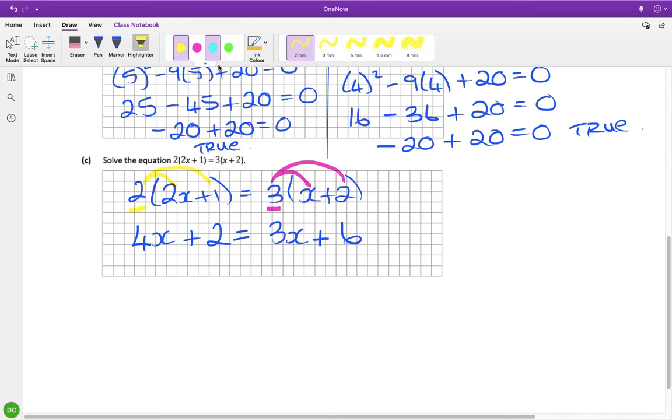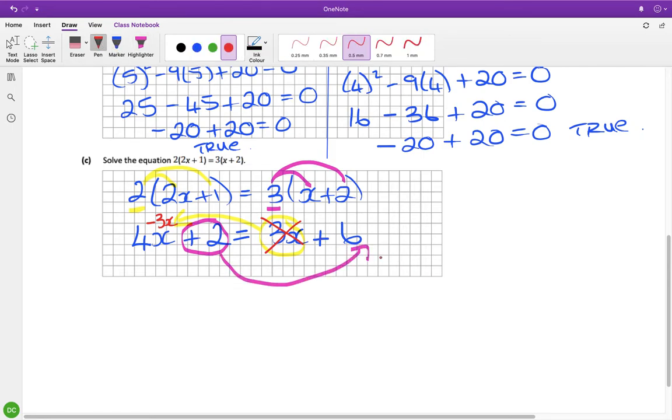So we will take this and move it over here. And when you move it, it becomes a minus 3x. And then it's gone from here. And then I'm going to take this and move it, and when it moves it becomes the opposite, which is a minus 2, and it's gone from here.